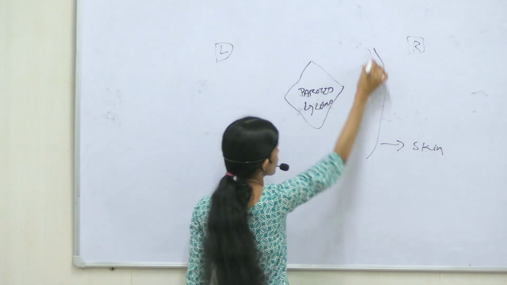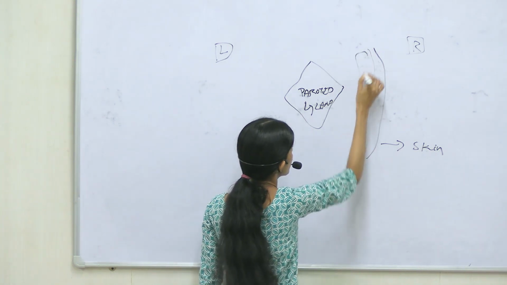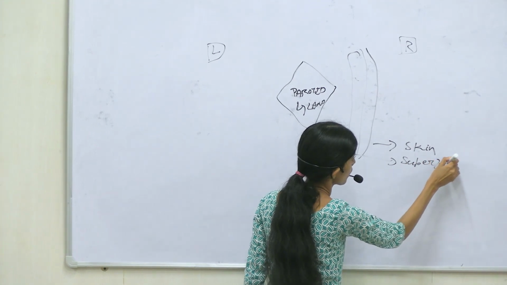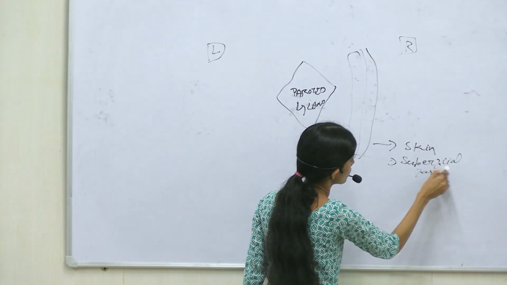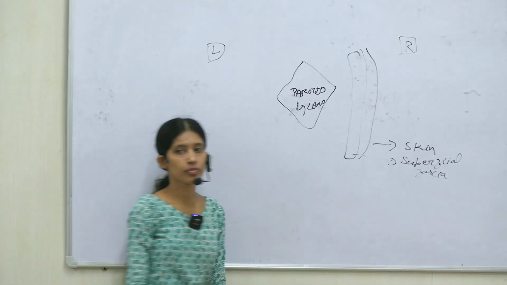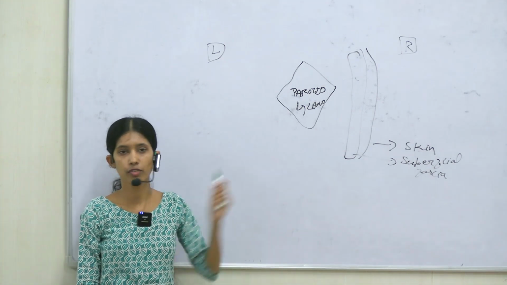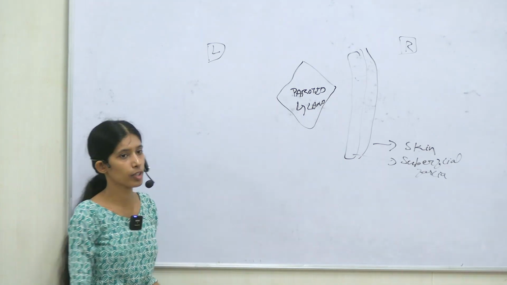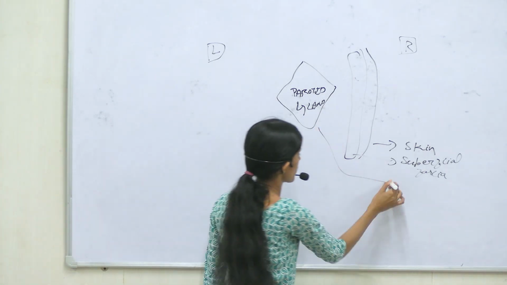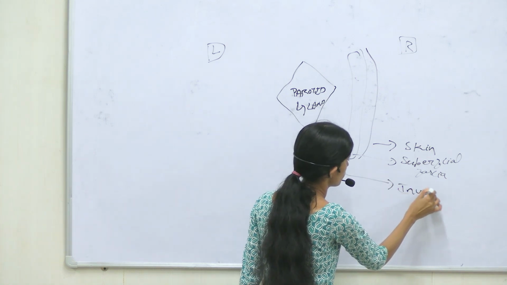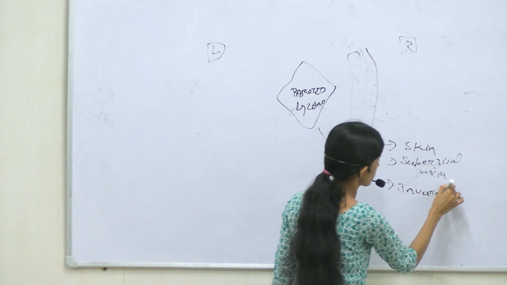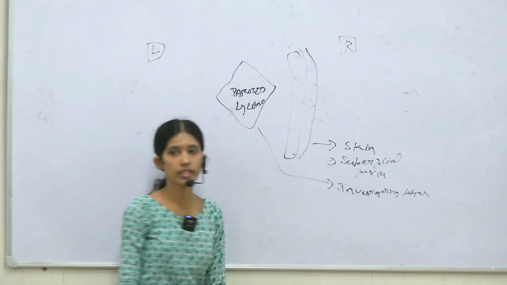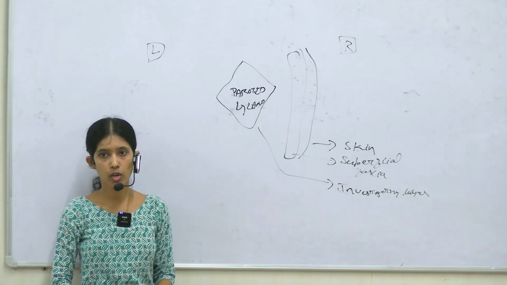Next to the skin, it is followed by your superficial fascia. After the superficial fascia, we have a deep fascia. This layer we call the investing layer, that is your deep cervical fascia.